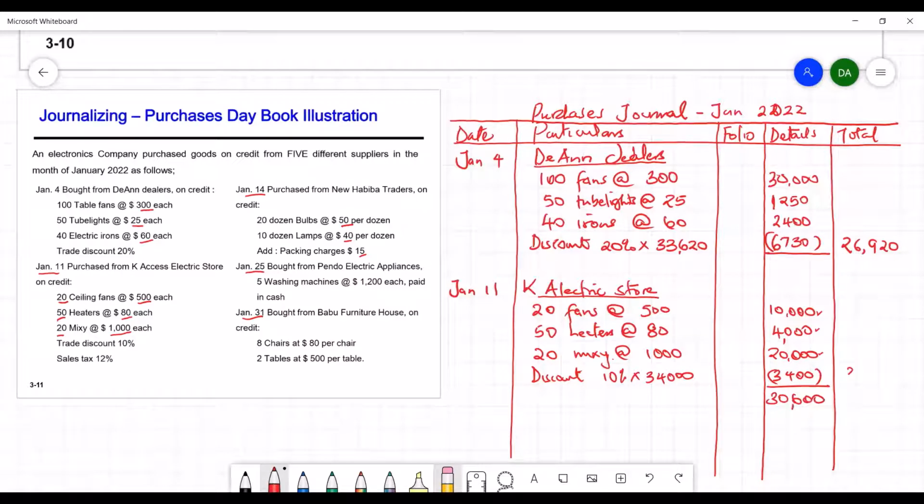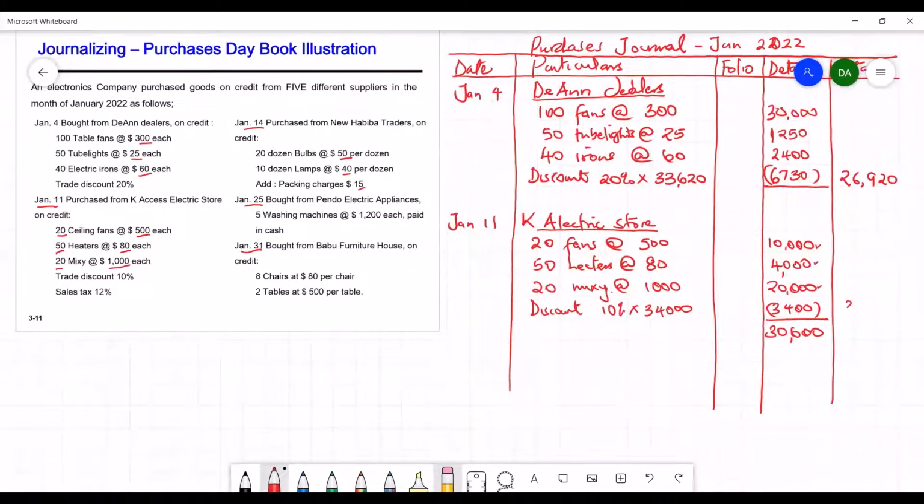After determining 30,600, we need to add sales tax. Sales tax is simply 12% of the total, and the total is 30,600.